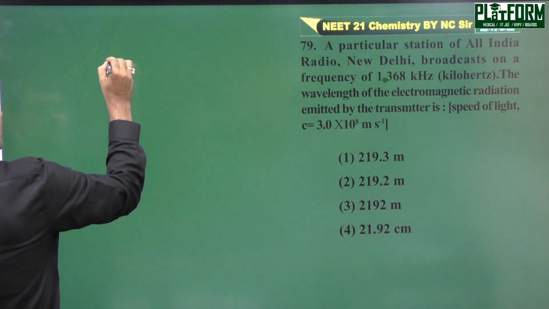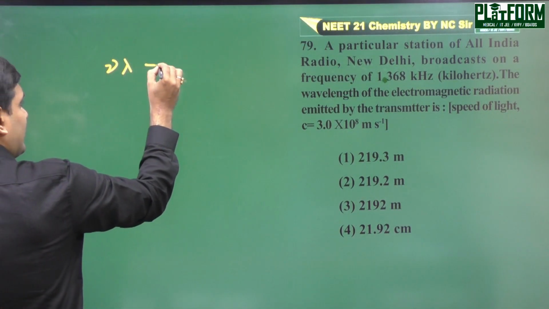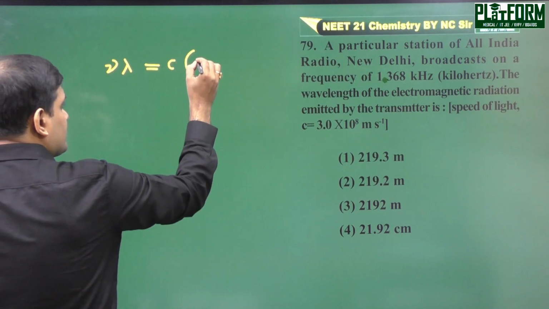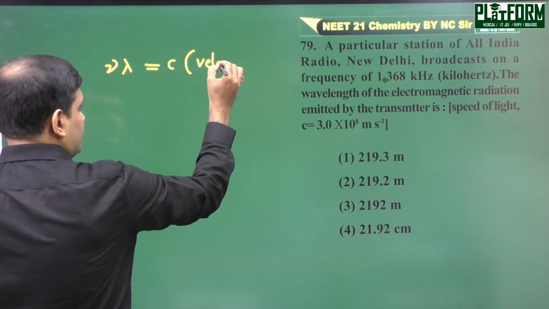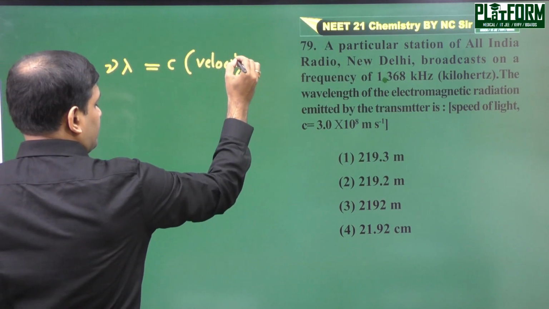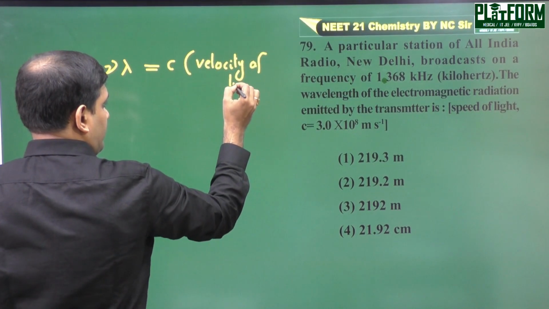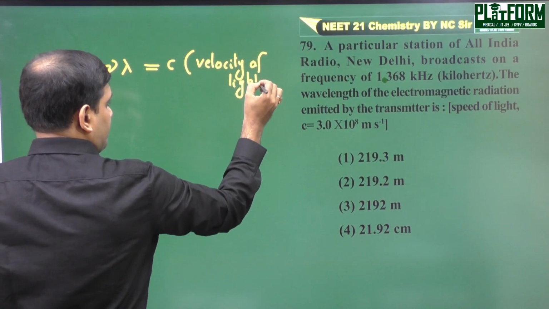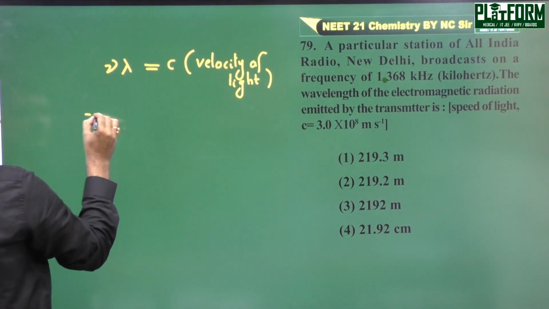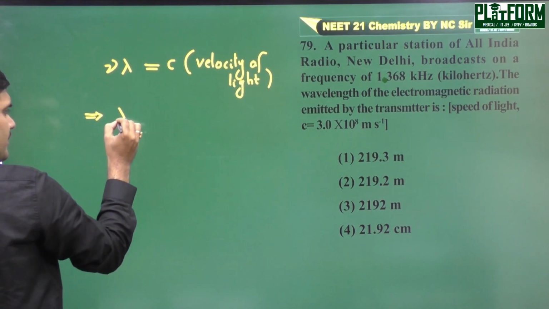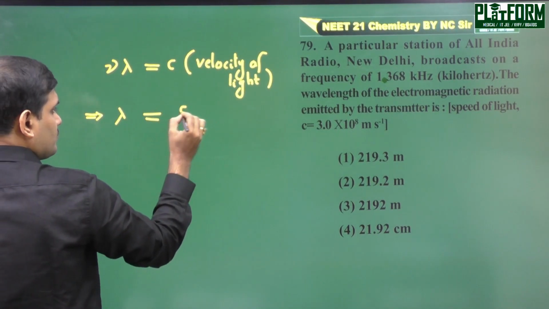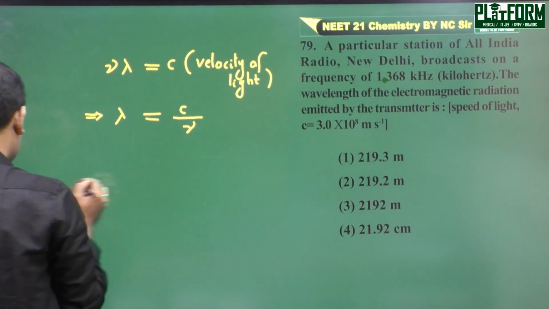We have nu into lambda equals c, which is the velocity of light. So no doubt, if we want to find the value of lambda, it will be equal to c by nu. Now put in these values.